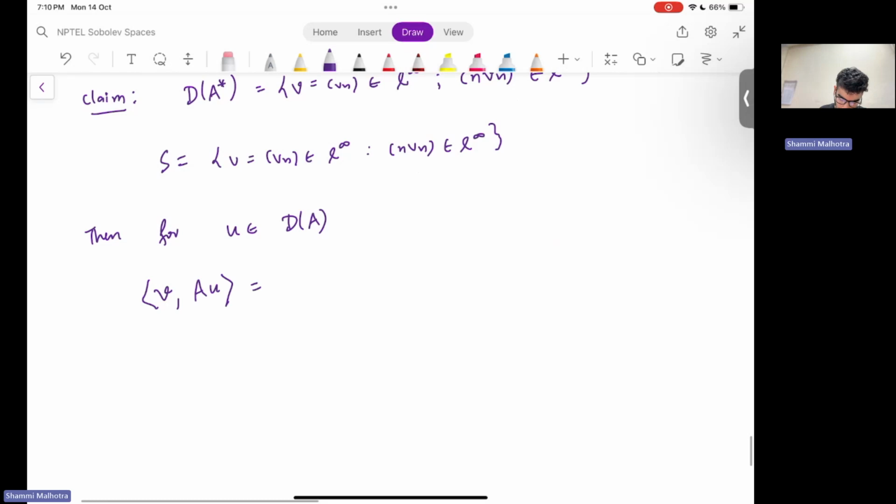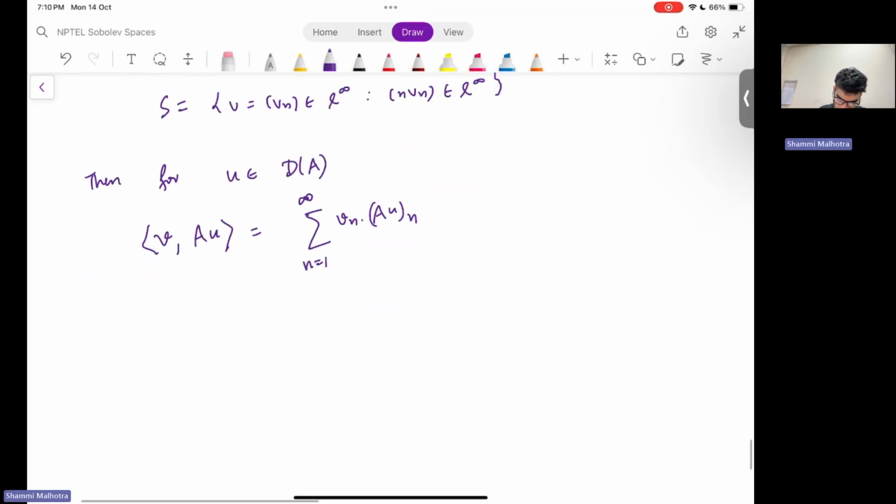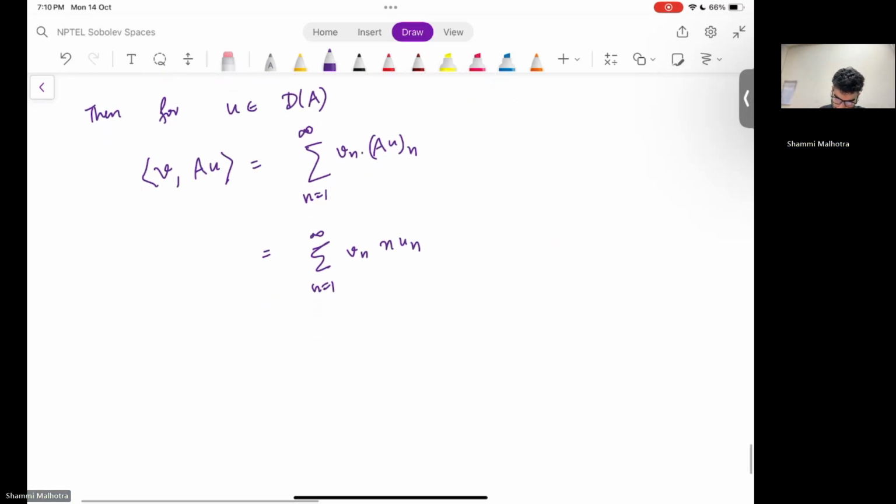This is nothing but the summation n from 1 to infinity of v_n (Au)_n, and since you know what (Au)_n is, it is n times u_n.